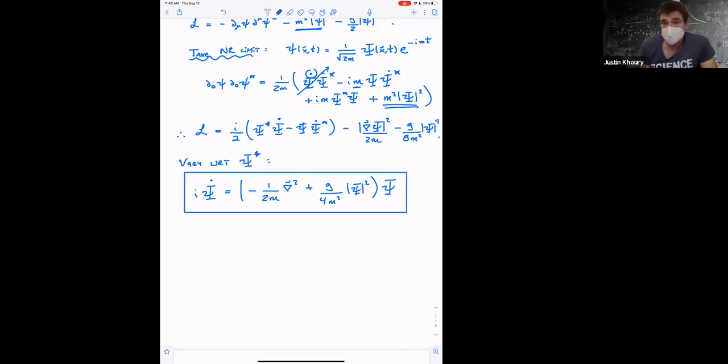Okay, so it's a nonlinear version of Schrodinger's equation for psi, and it's a famous equation known as the Gross-Pitaevskii equation. So I mentioned this for completeness. This is another well-known approach to study superfluidity.